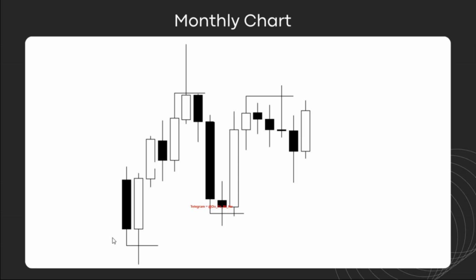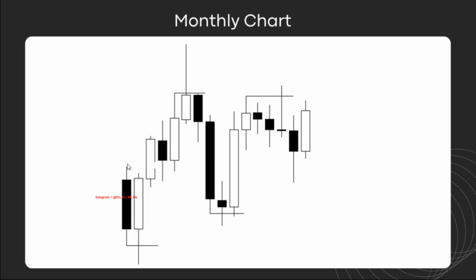Starting off here, we can see that price took out this candle's low, and then it closed above and inside that candle's range. So when price takes a candle's low and then closes inside, before taking out the opposing end of the range, what happens is, starting with the next candle's open, our bias and our drawn liquidity become the opposite end of that range.